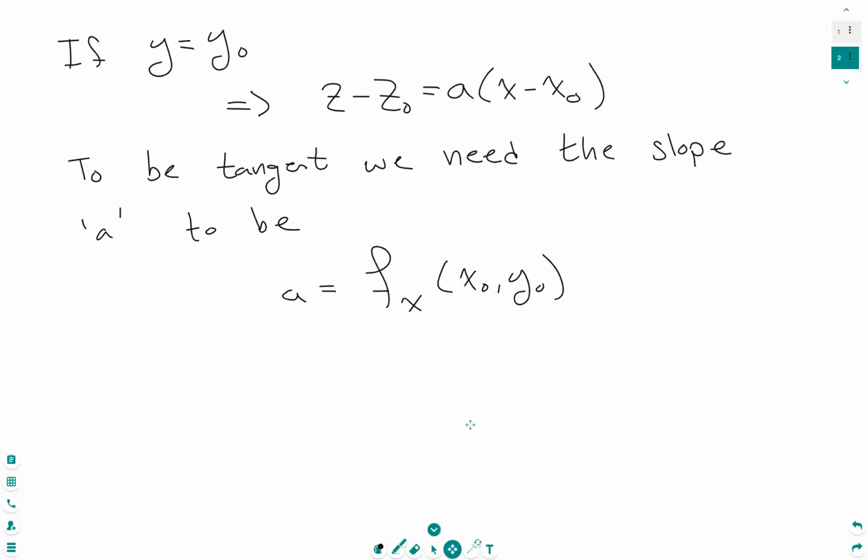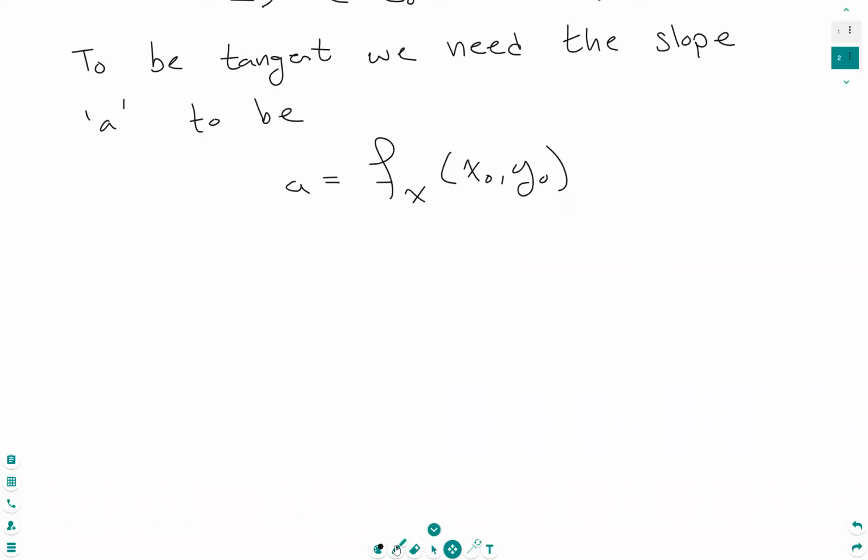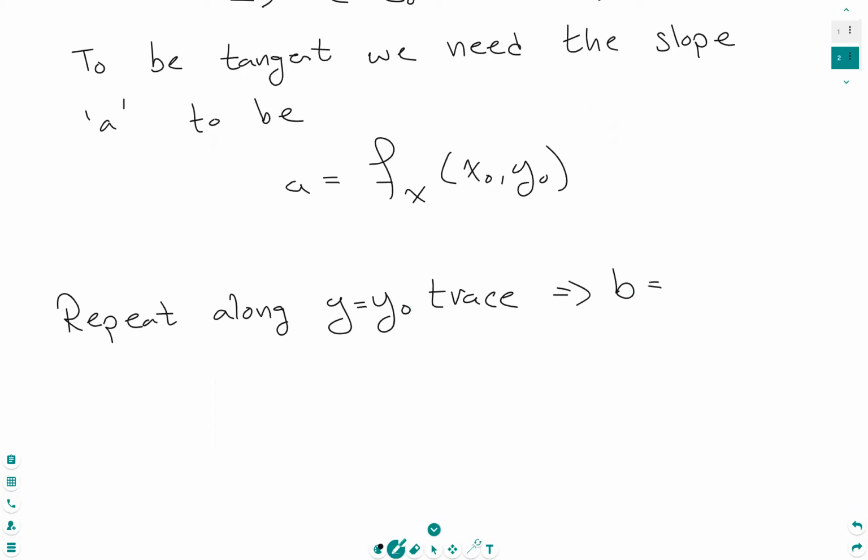You can do the same logic, so just repeat it along the trace where x is equal to x naught, and we know that b has to be the y partial derivative at that point. So we repeat along the y equals y naught trace. And we get that b is the y partial derivative at x naught, y naught.